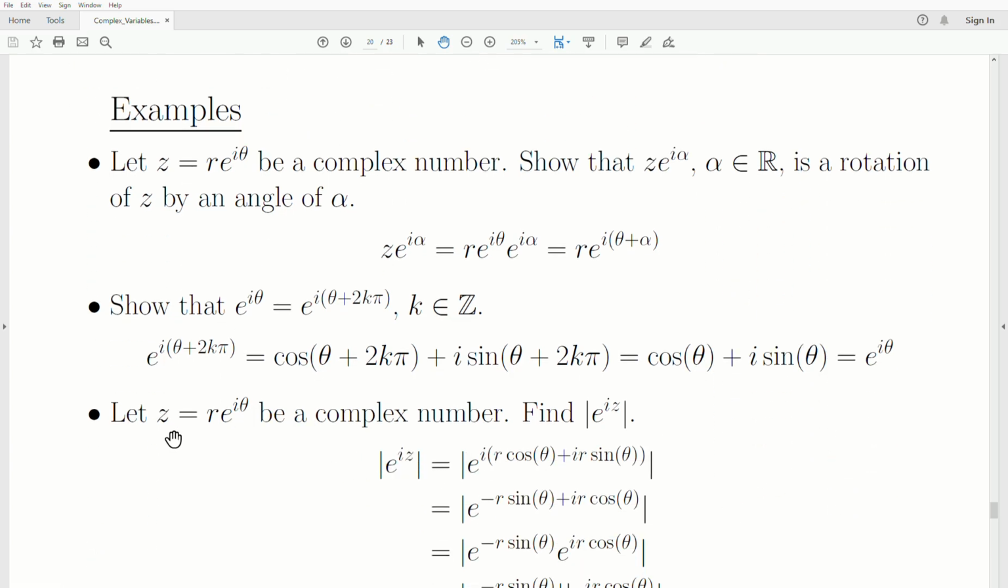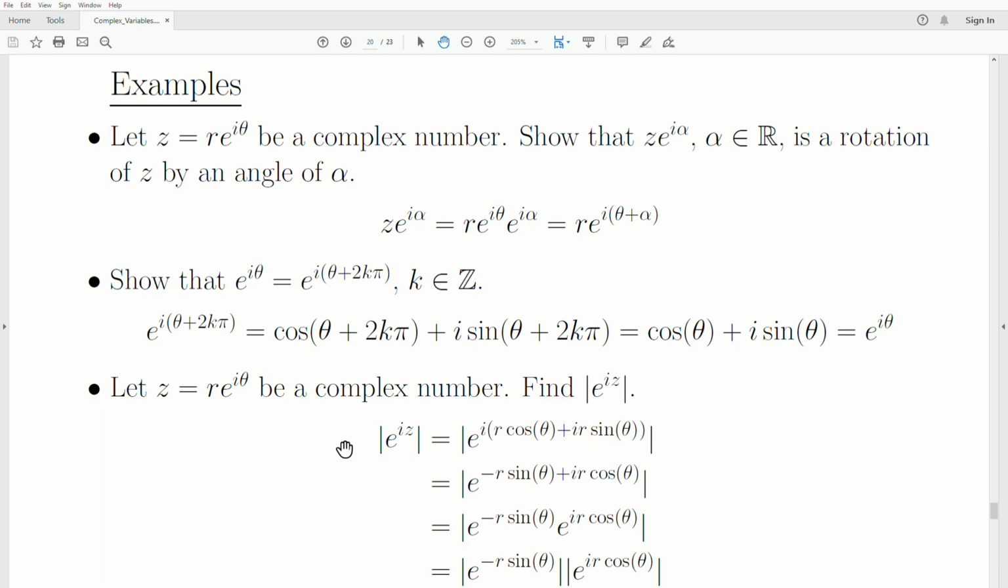Now let z be a complex number, and we want to find the modulus of e to the iz, where z is this complex number. So the modulus of e to the iz can be written like this. Iz means you take i, and this is z, the complex number. Then you distribute the i, and you get this term. This becomes negative r sine of theta.